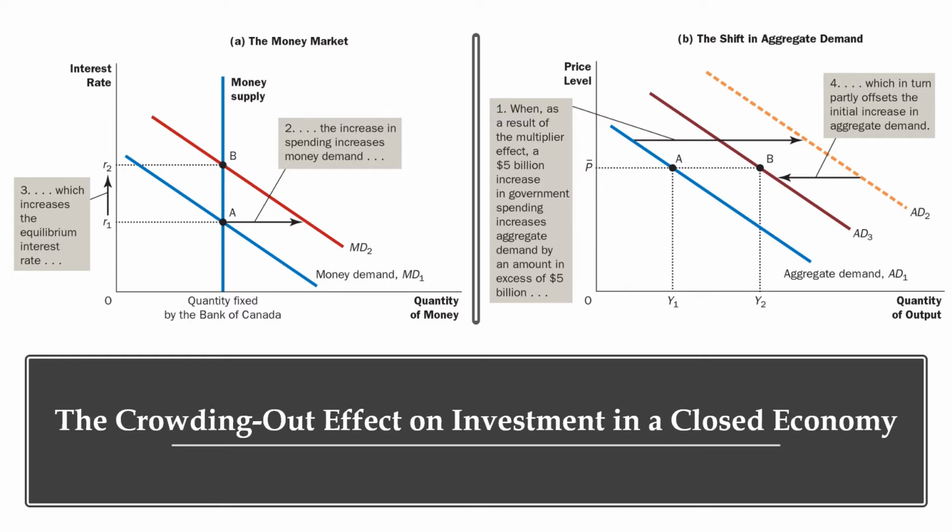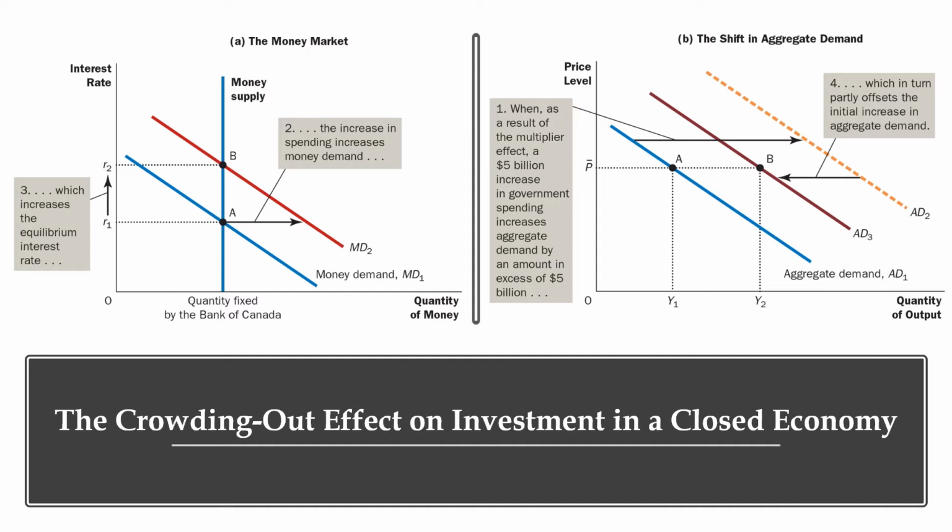Well, that's showing that people are going to be buying a lot more goods and services. The quantity of output has increased a lot. That increased government spending increases people's income, which makes people spend more. Because people spend more, people make more, and because people are making more money, they spend more money. So that multiplier effect brings everything out to AD2, and that means that people are going to be demanding a lot more goods and services.